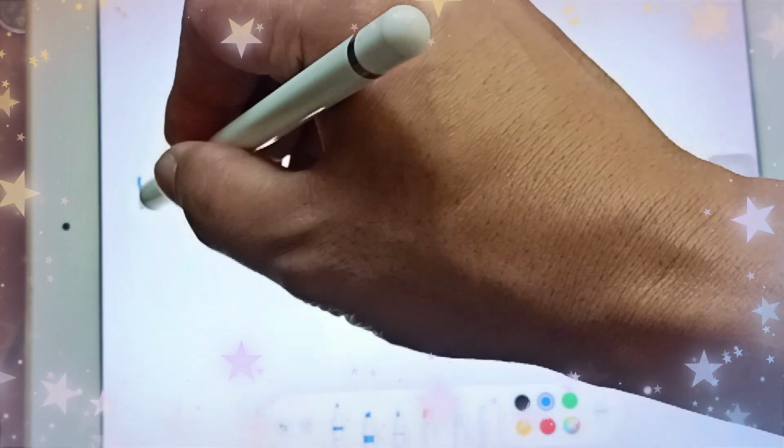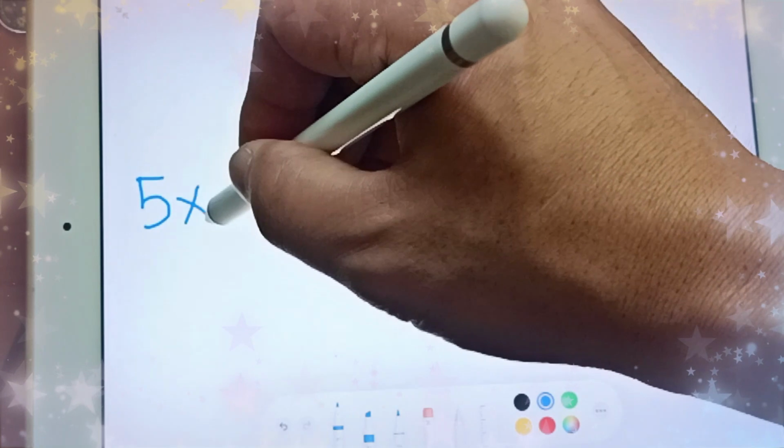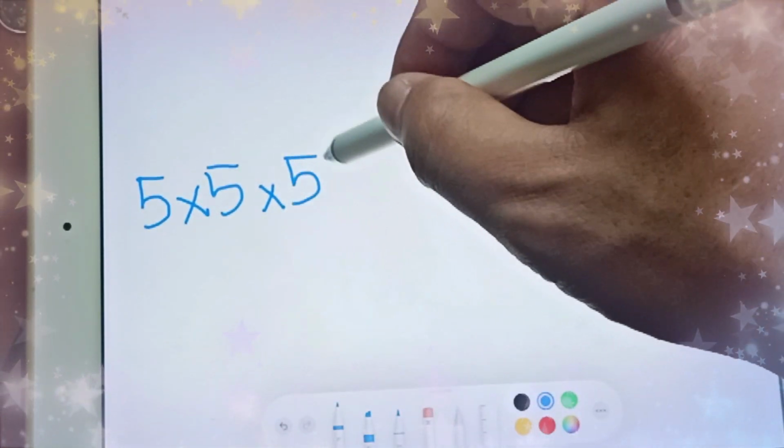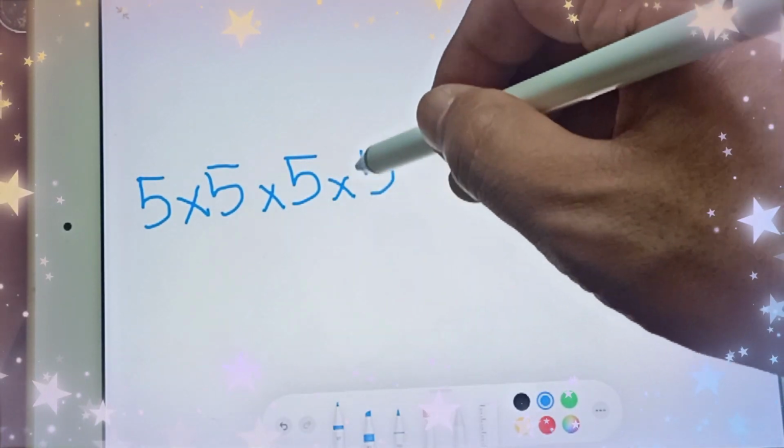What happens if we have 5 times 5 times 5 times 5?